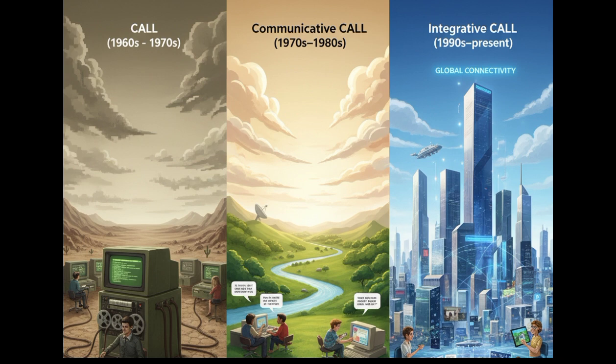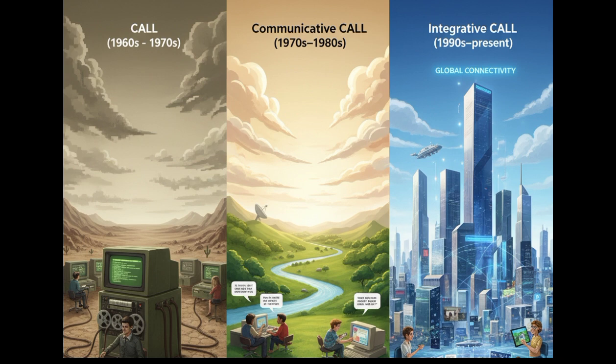This instant feedback was one of the main advantages of using computers at this stage. However, the programs were quite simple and focused mostly on grammar and vocabulary accuracy rather than communication skills. The main goal was to help learners memorize language rules and practice them until they become automatic.